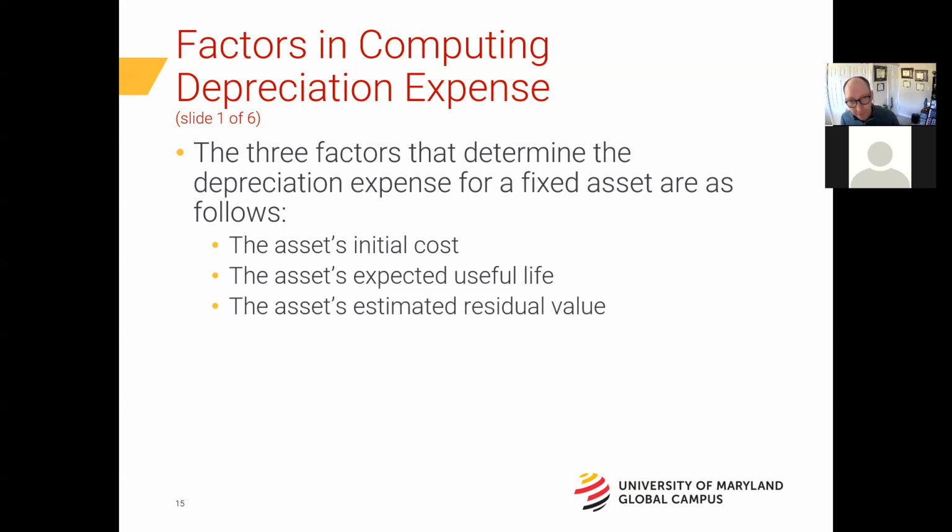The cost to get it up and running, basically. That's initial cost. You then need to find out, what is the expected useful life? How long is it supposed to last? To find this, you can either use industry standards, or you could do what most people do and use the IRS depreciation schedule to find its useful life.